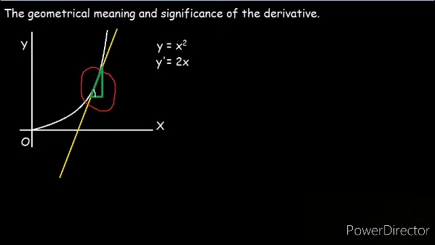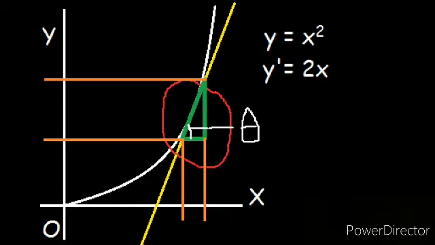Now slope is defined as tan theta, and this is our theta. So assuming there is some value of x at this one, let's say x1, and some value of x here at x2, similarly there will be y1 and y2.